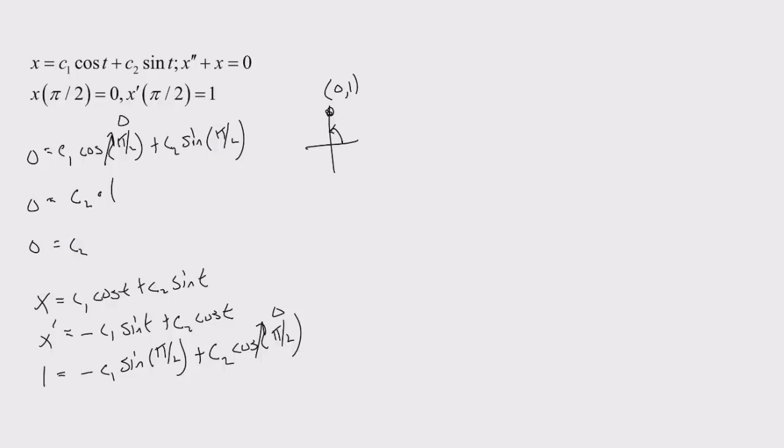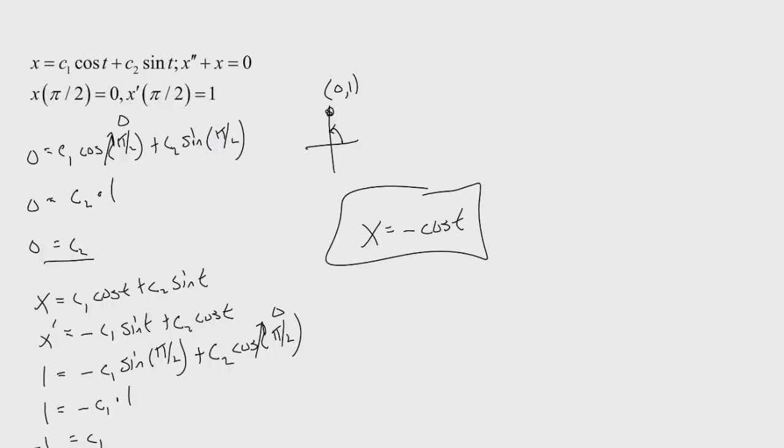And let's see, so that says 1 equals negative C1 times 1. So C1 has to be negative 1. All right, so let's put those two facts together. And so our general equation would be x equals negative cosine t. So that would be the only thing that satisfies that.